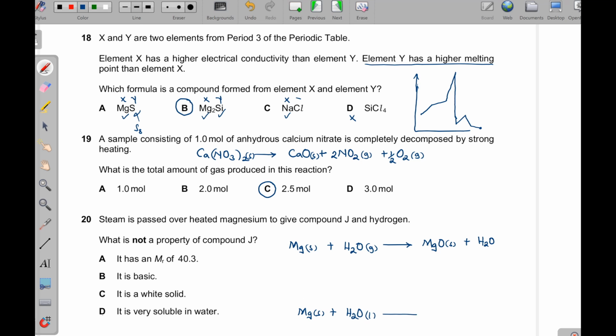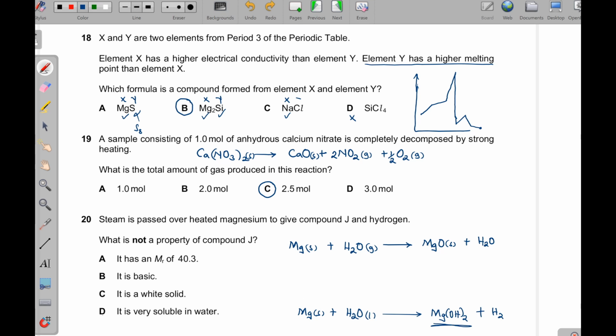So here water is a liquid to get magnesium hydroxide. Then plus what? Hydrogen. This one is sparingly soluble in water, and the solubility of group 2 hydroxides increases down the group.